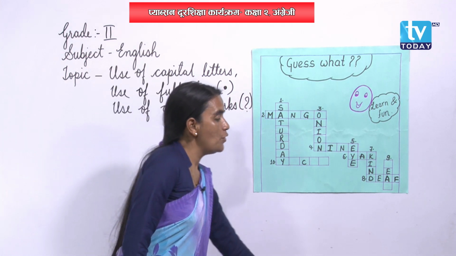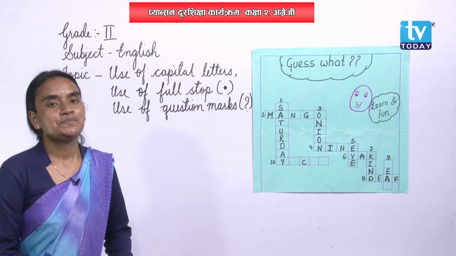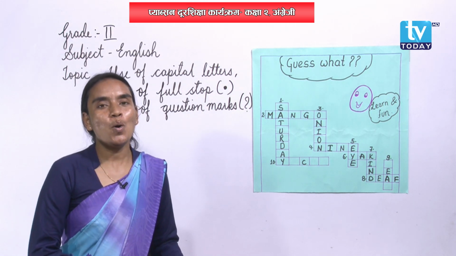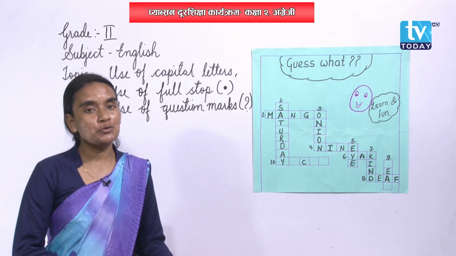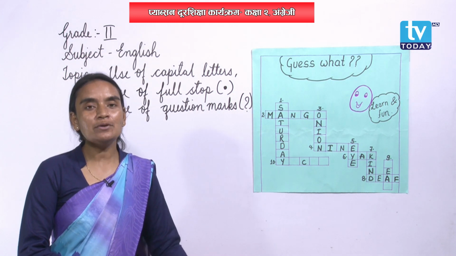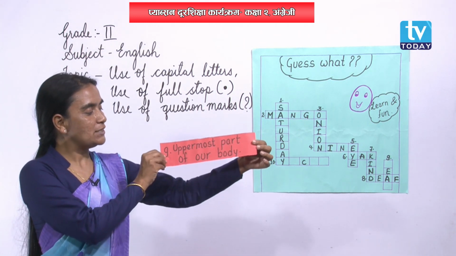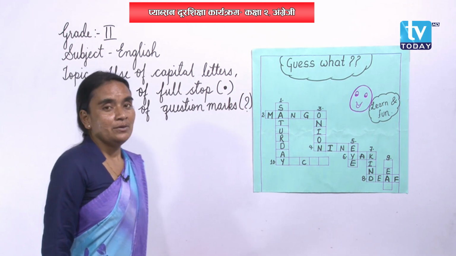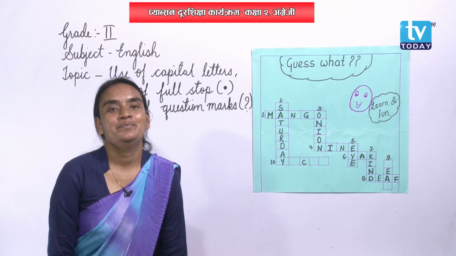Okay, now we have the next word to be filled in number 9. Odd number, up to down, top to bottom. Here we have the instruction: uppermost part of our body. We have our whole body.